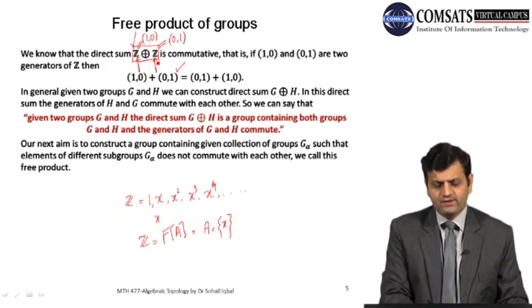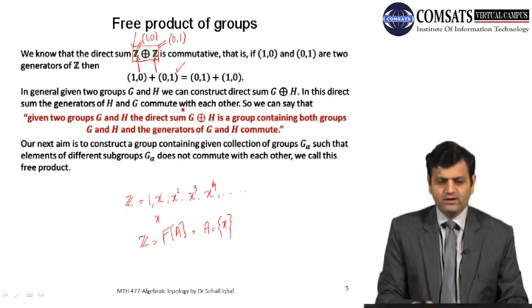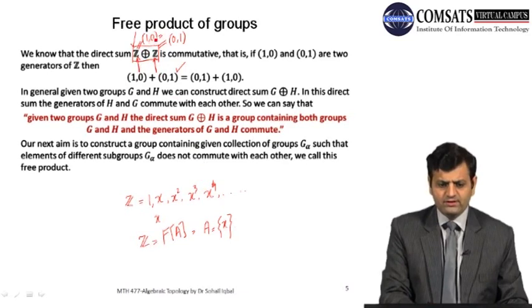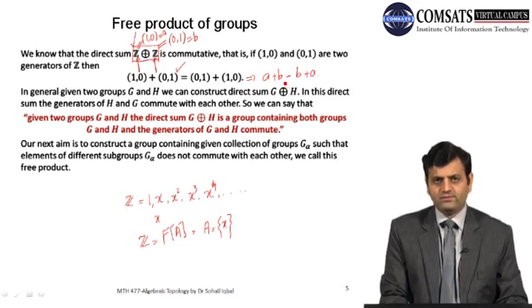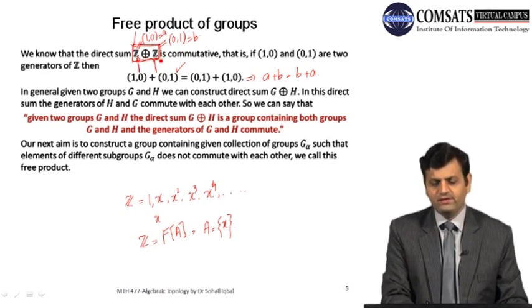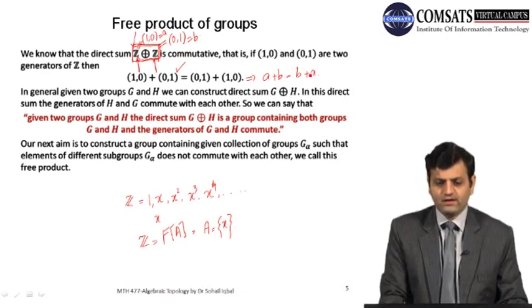So this Z is free and this Z is free, but when we take the direct sum, then we have one relation. Let's call the generator (1, 0) A, and let's call the generator of this Z, which is (0, 1), B. Now this implies that A + B is equal to B + A. So there is one relation between the elements of this Z and this Z. In other words, this Z plus Z is not really a free group, but a free abelian group, which is not really free because we are getting one relation.